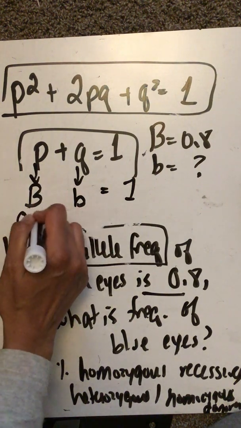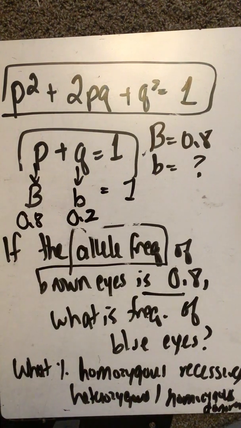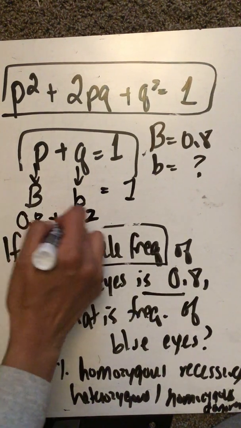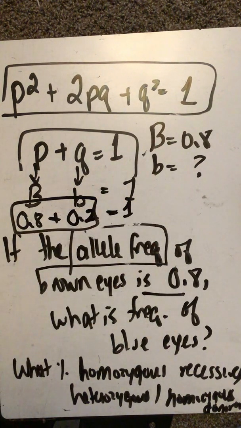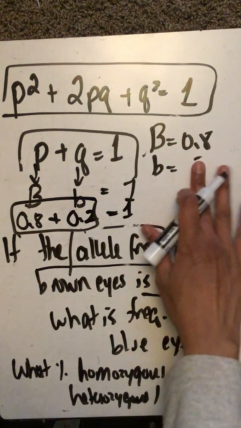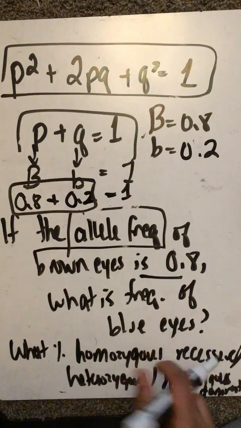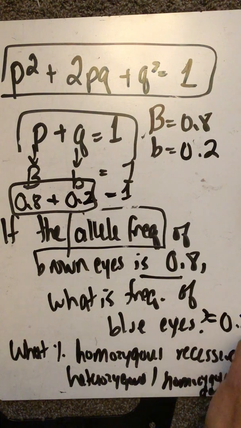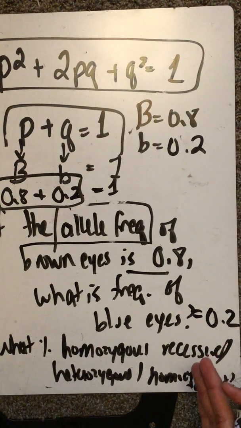So if big B is 0.8, then little b is 0.2, because 0.8 plus 0.2 is equal to 1. So the frequency of blue eyes is 0.2. That's how easy it is, okay?